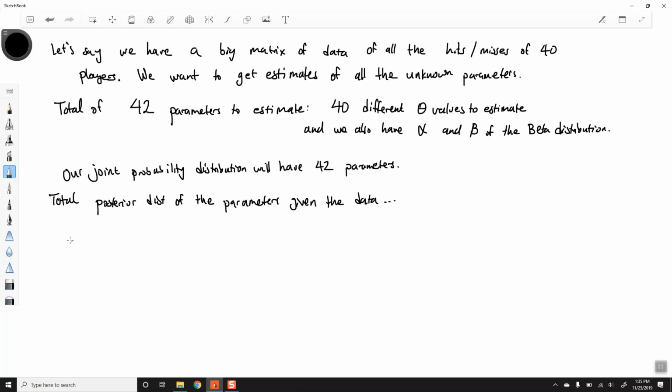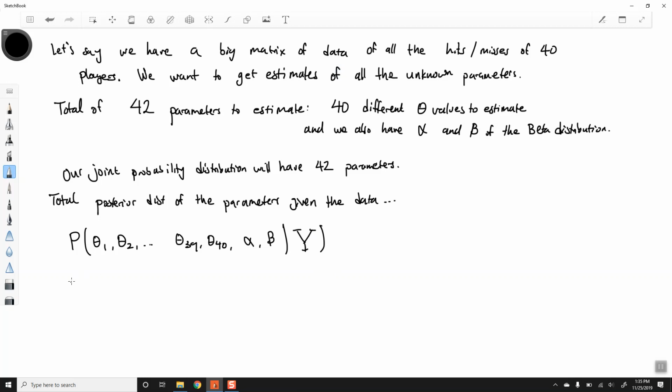It will be something like this. We would have the probability distribution of theta 1, theta 2, up to theta 39 and theta 40, and alpha and beta, given our Y matrix.